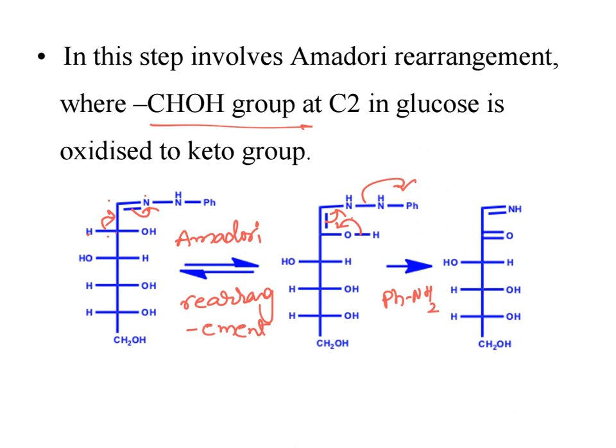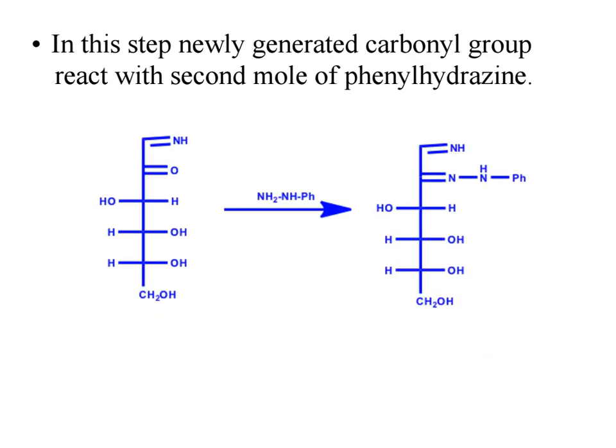In the next step, the newly formed keto group reacts with the second mole of phenylhydrazine. Again it is a condensation reaction, water is eliminated, minus H2O, and this nitrogen is attached to this carbon, which forms a hydrazone derivative. In the next step, the third molecule of phenylhydrazine reacts with the first carbon and it is converted into glucosazone.